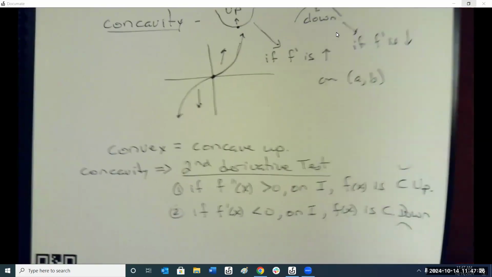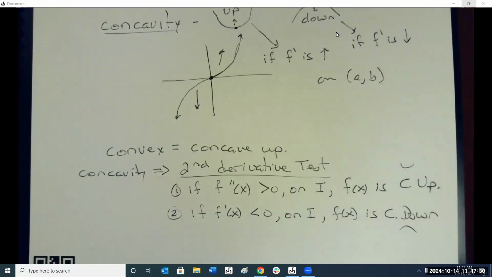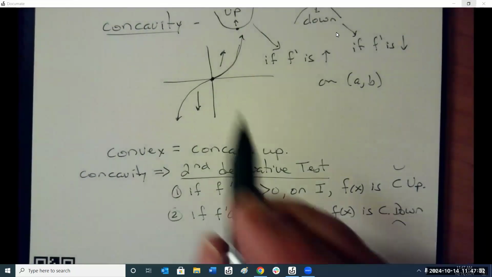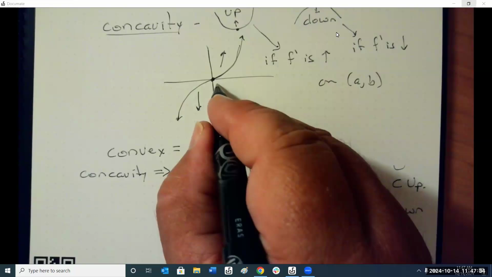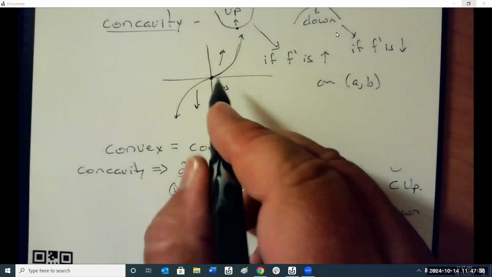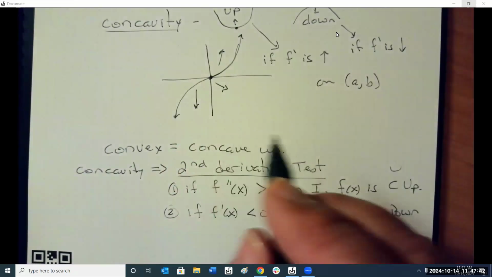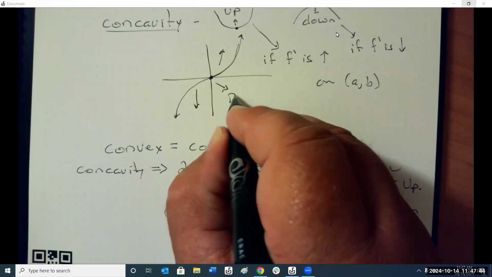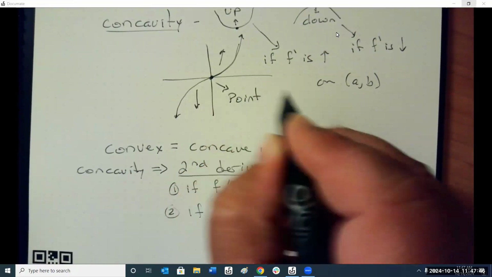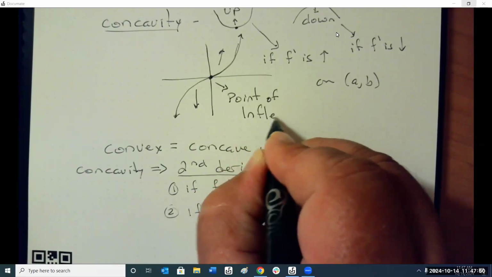Let's look at this. We'll also discuss what happens between there. Maybe I'll jump into it here. The point in the middle where it changes concavity from concave down to concave up or vice versa, we call that the point of inflection.